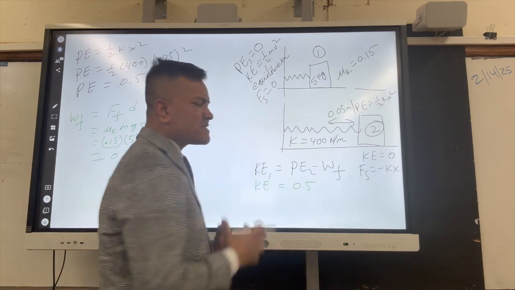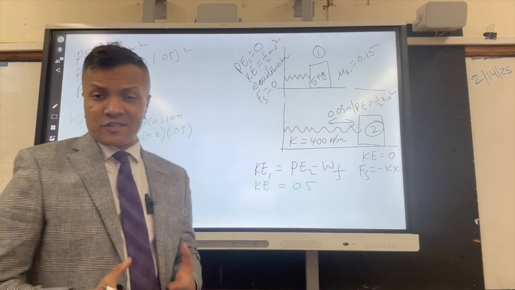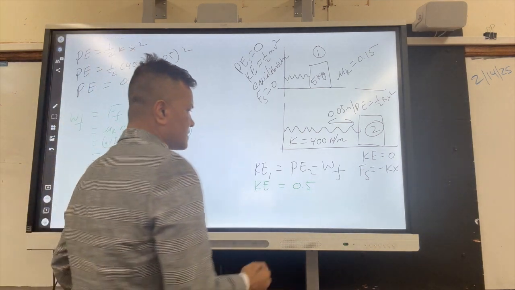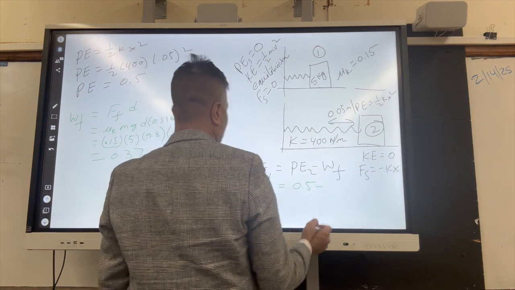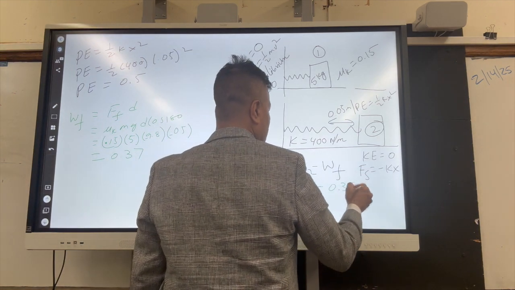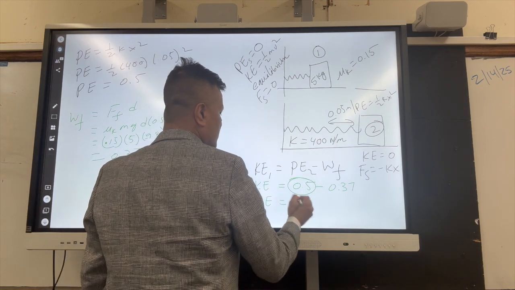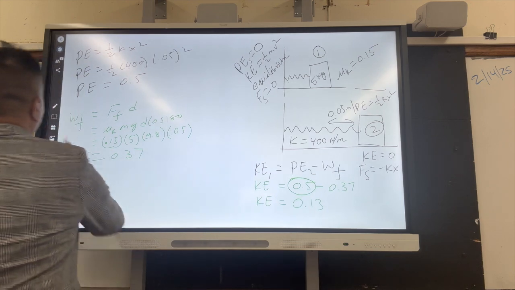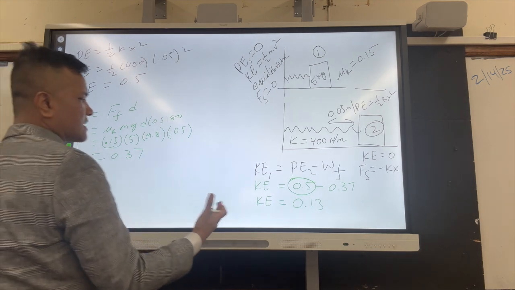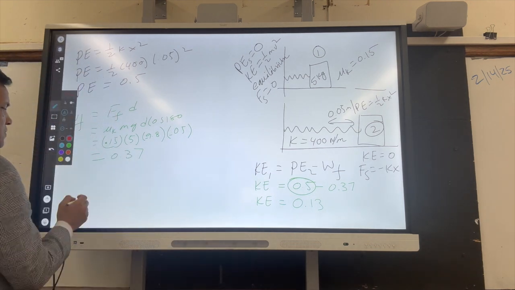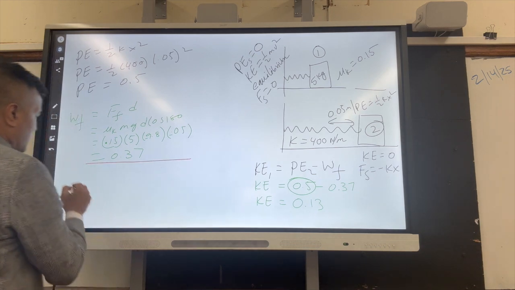0.5 if there were no friction, but there is friction, and that lowers the kinetic energy. So kinetic energy is no longer 0.5, it is in fact 0.13. If I ask you what the kinetic energy is, it's 0.13. If I ask you what the velocity is, that's a different story.